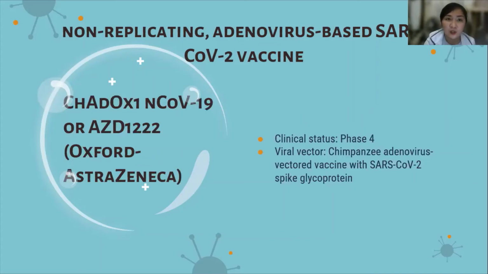And now we have the ChAdOx1 nCoV-19, or the AZD1222, which was developed by the University of Oxford and AstraZeneca. Currently, this is in phase 4 clinical trial, which uses a viral vector, chimpanzee adenovirus vector vaccine with SARS-CoV-2 spike glycoprotein. In this vaccine, a modified version of chimpanzee adenovirus is used.